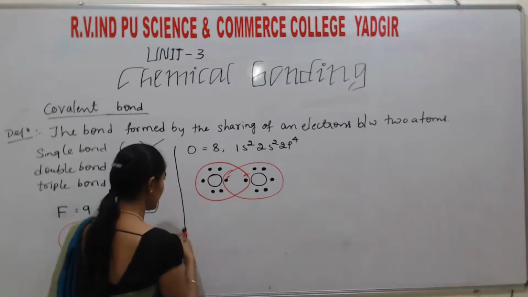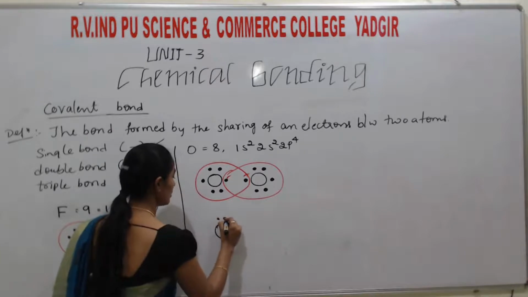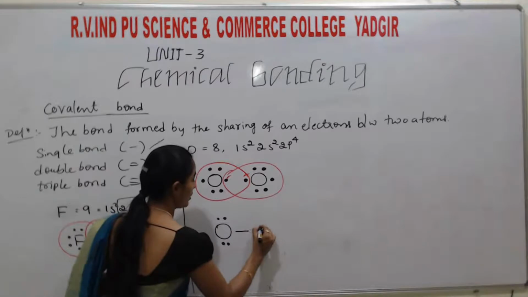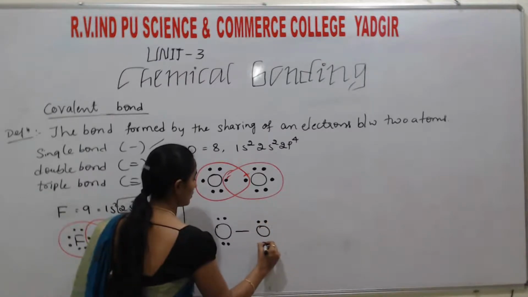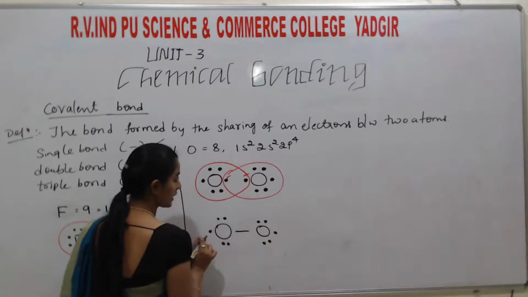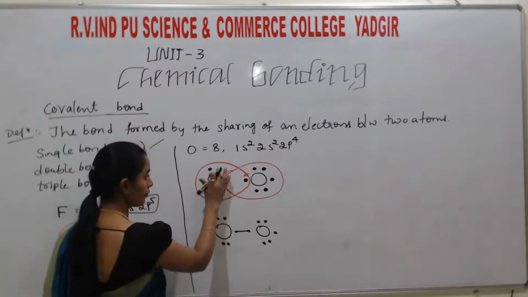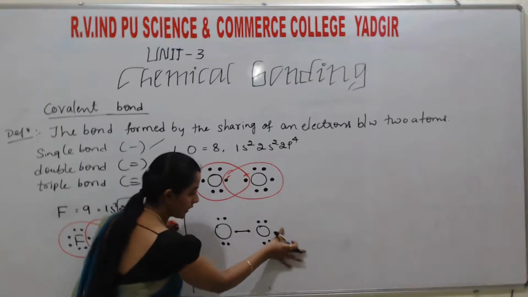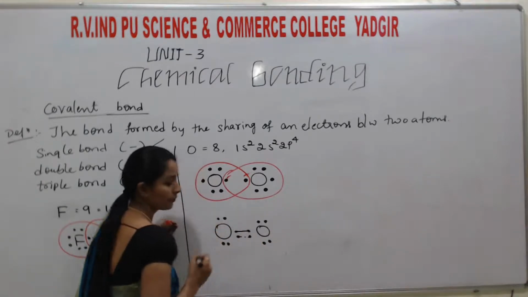Then again consider this. Then this oxygen, after forming a single bond, here it is. Okay, it forms a single bond means here one electron, it attains 2, 4, 6, 7 electron system. Then again remove these two electrons and form a bond here.